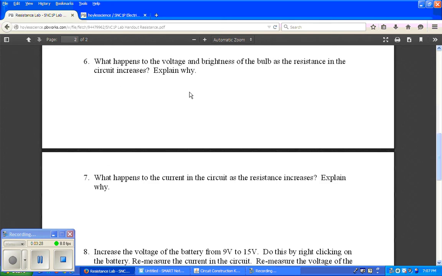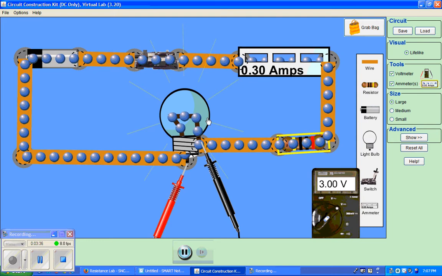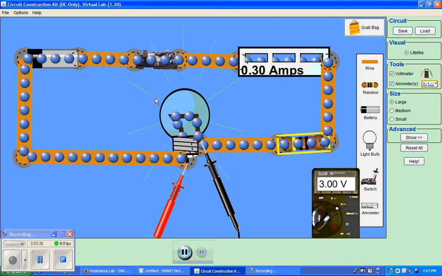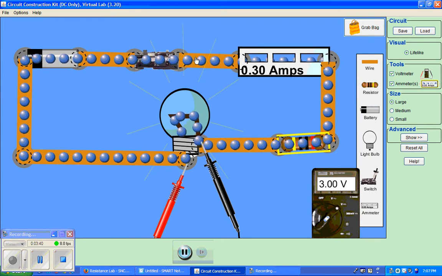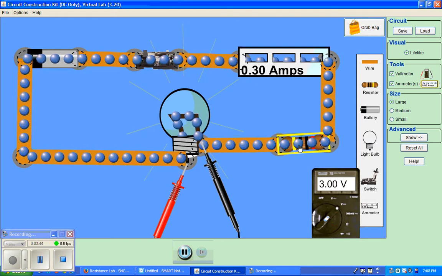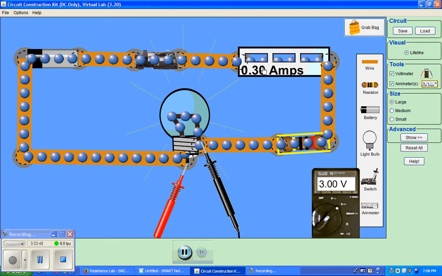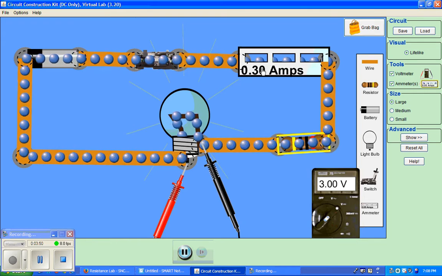Question 6, what happens to the voltage and brightness of the bulb as the resistance in the circuit increases? If you recall, the bulb was brighter before, and it's not as bright now. Remember, we increased the resistance of the resistor here, and the current also changed as well.